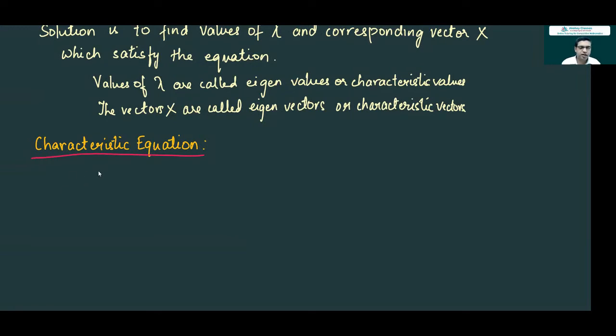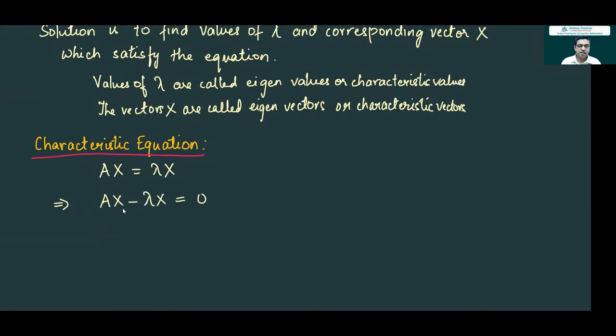The given eigenvalue problem is A into X is equal to lambda times X. Now we write this as A into X minus lambda X is equal to 0.